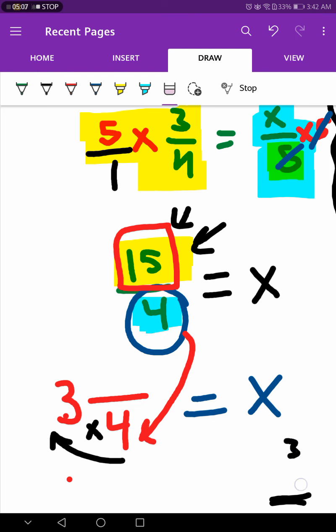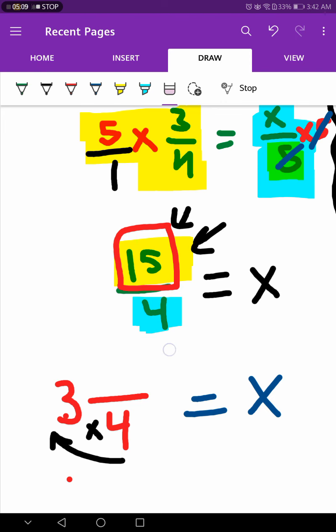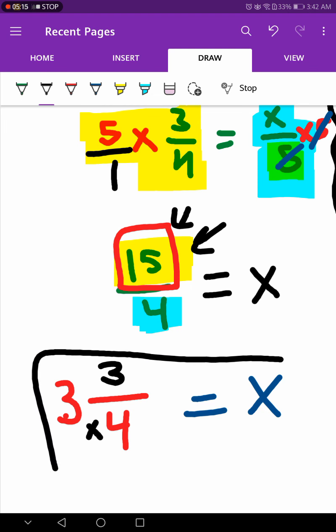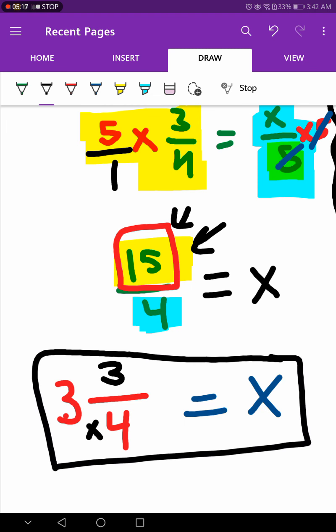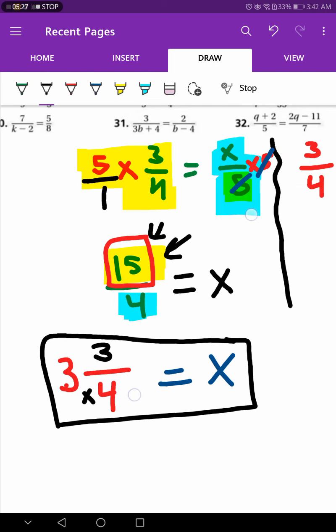Great. So the number up is 3 here. So the value of x that makes this equation correct is 3 and 3 over 4, or 3 3/4. This is the first method, and I know my students know everything here.